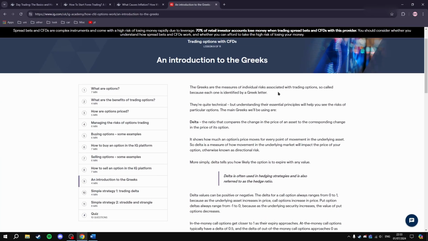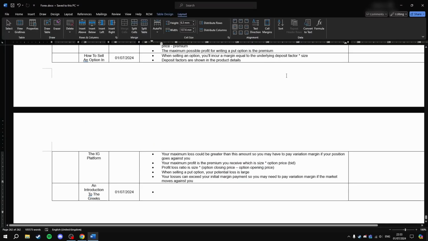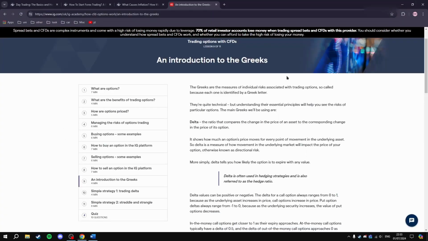The Greeks are the measures of individual risks associated with trading options, so called because each one is identified by a Greek letter.